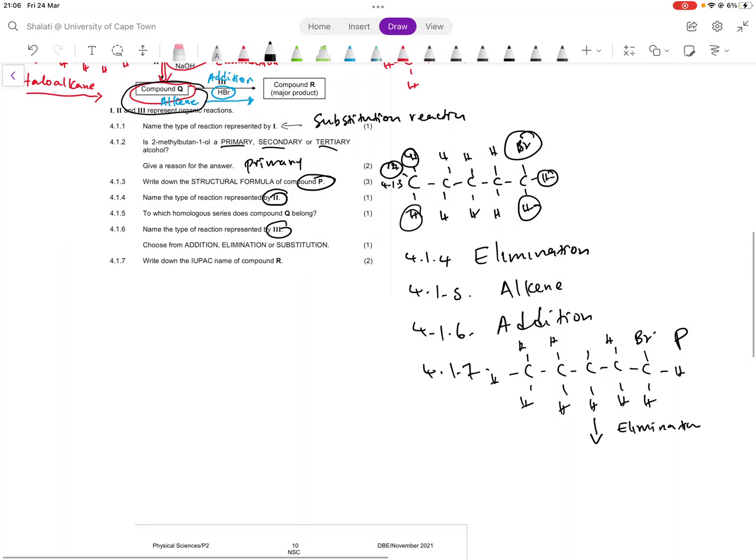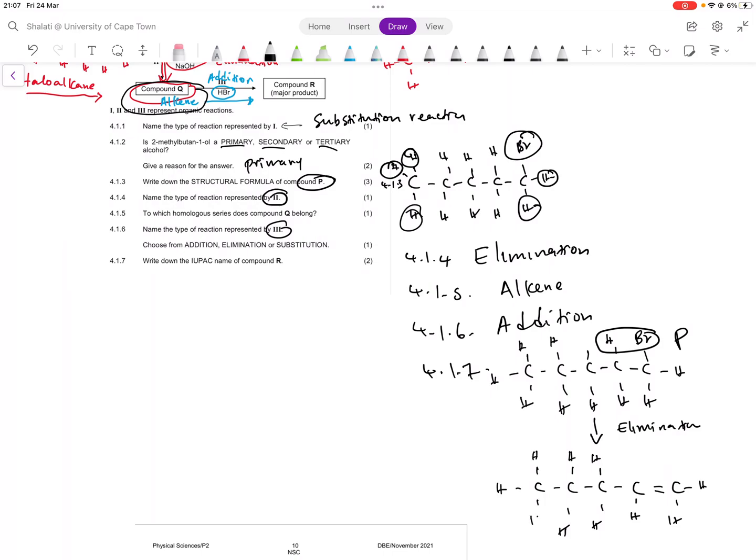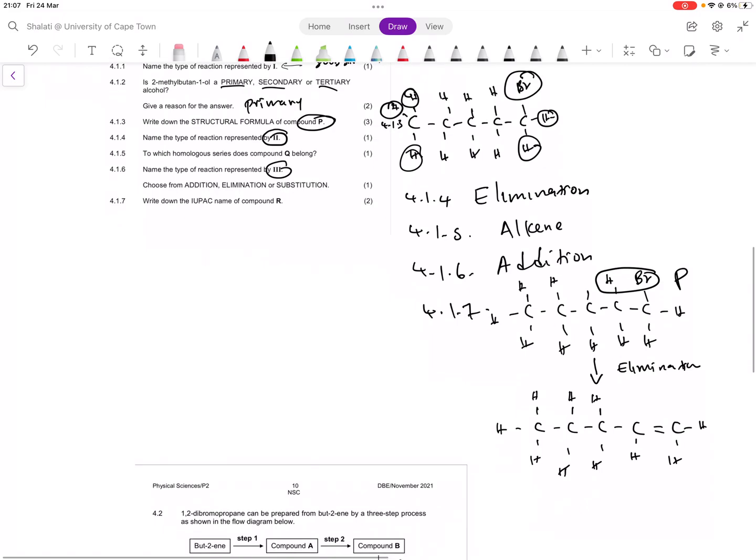So we are completely removing the Br and the hydrogen, dehydrohalogenation. So we're going to form a double bond between those two carbons. So the hydrogen is gone on the second carbon, and it is left with one hydrogen. In the first one, 2 hydrogens, then the rest stays the same. So this is compound Q.